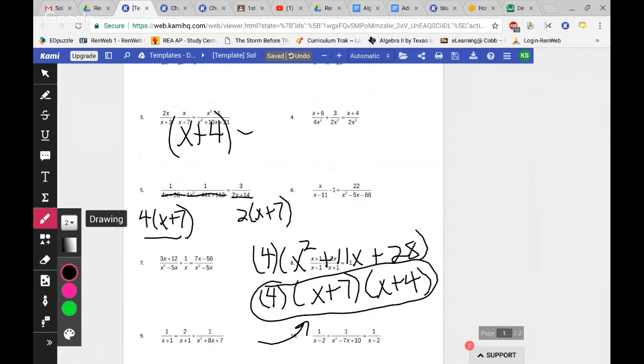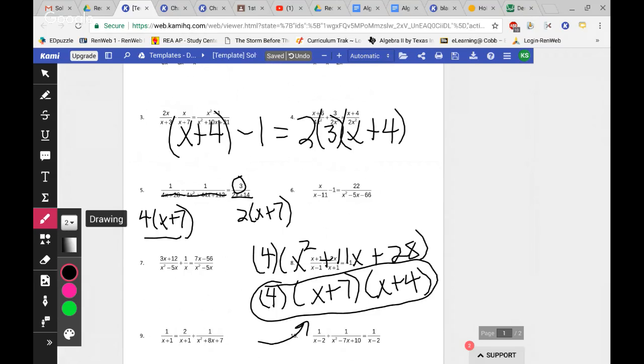And on this one it's just going to be minus 1, because that actually cancels each other out. Now on this 2x plus 7, you multiply by 2 and then by x plus 4, right? And then you have to include this 3 also, and then x plus 4. Absolutely. Perfect. Good job.